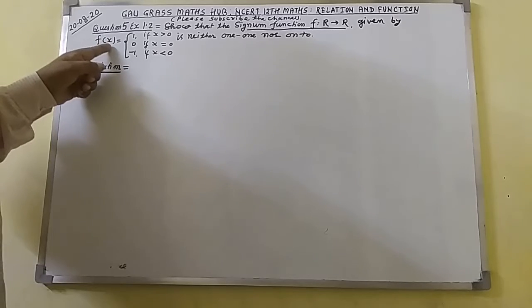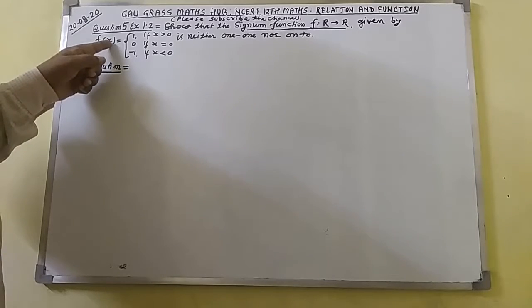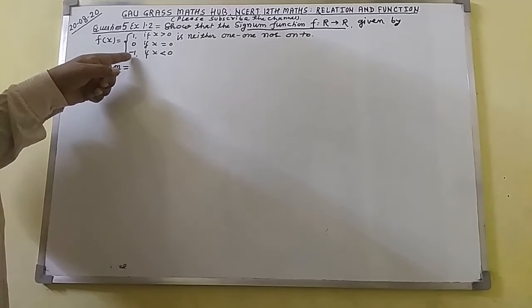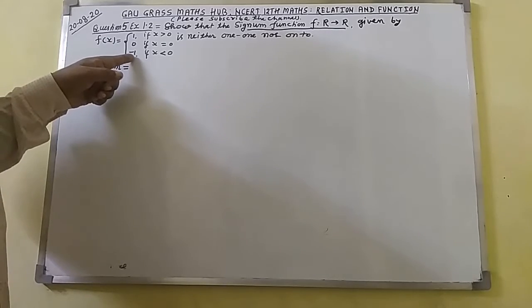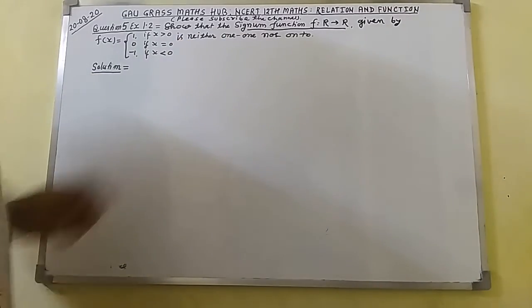In all cases, if you take the value of x negative, the output will always be -1. That's why this function is known as the signum function.